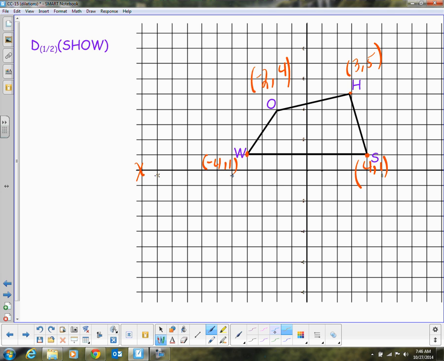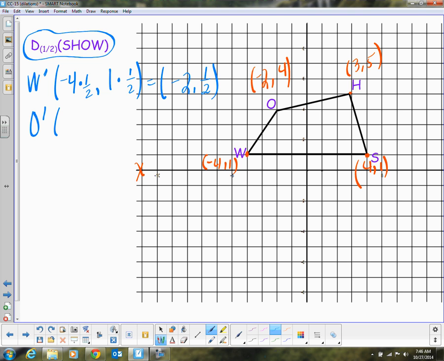All right. So if I am going to do this dilation, we're going to start with Samantha. What does W become? W prime. It's going to be -4 times what? Over 2, comma, 1 times what? So W prime is going to be -2, 1/2. All right, let's go with Sydney. How do we do O prime?